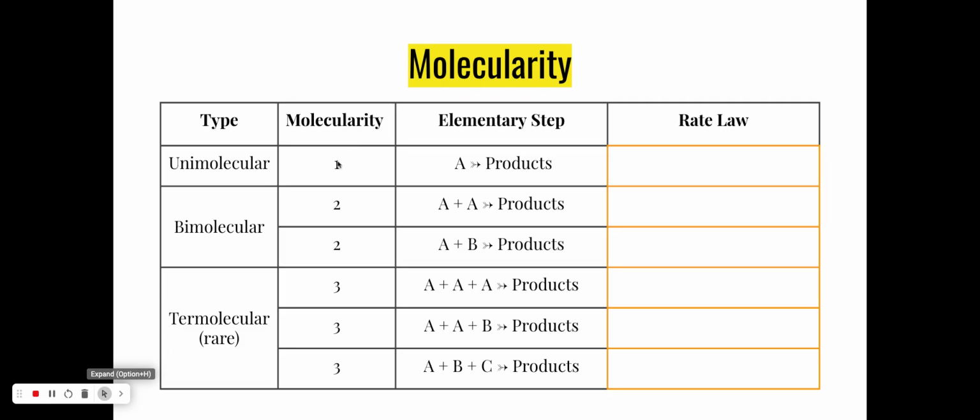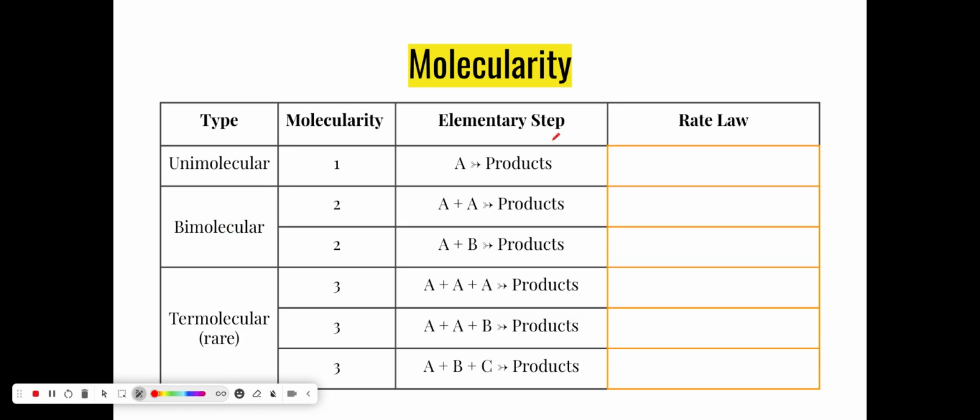And then we can have termolecular, which is extraordinarily rare. And obviously, if that's extraordinarily rare, it's unlikely to occur. So the more common ones are going to be unimolecular and bimolecular, because they have a stronger probability of a chemical reaction actually occurring.